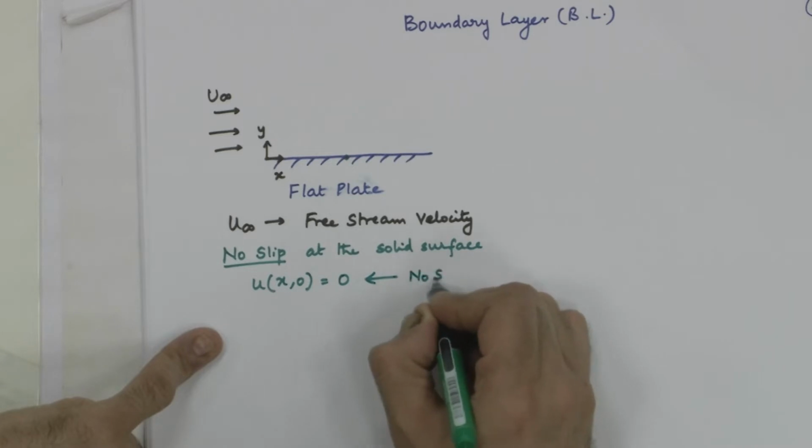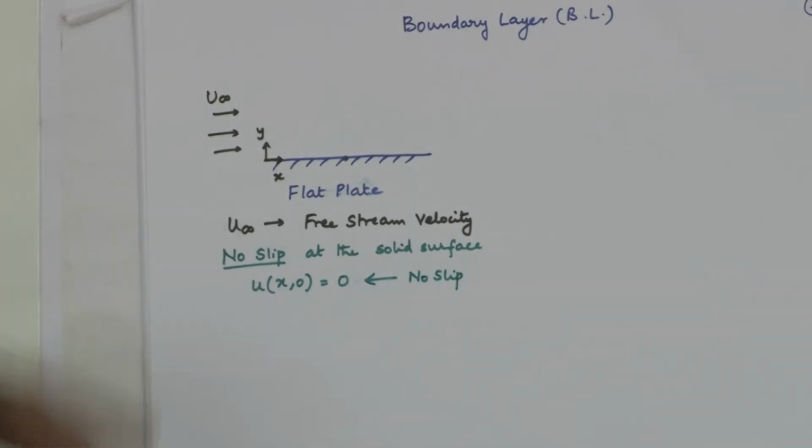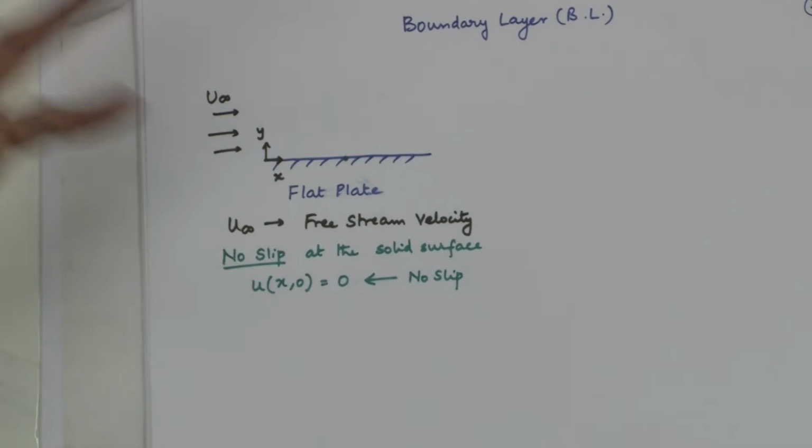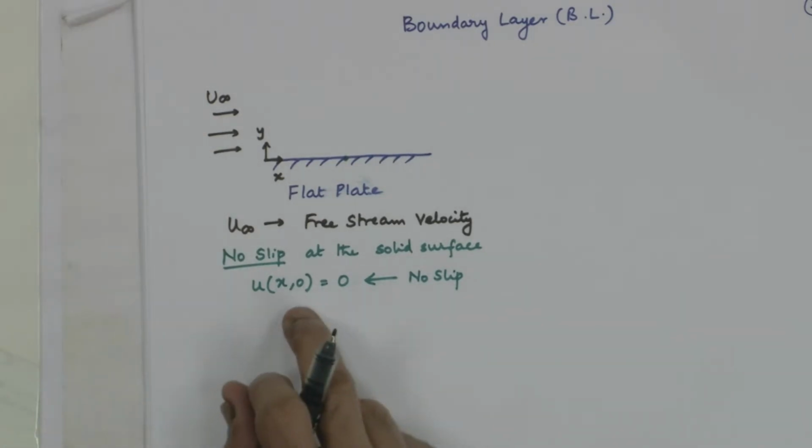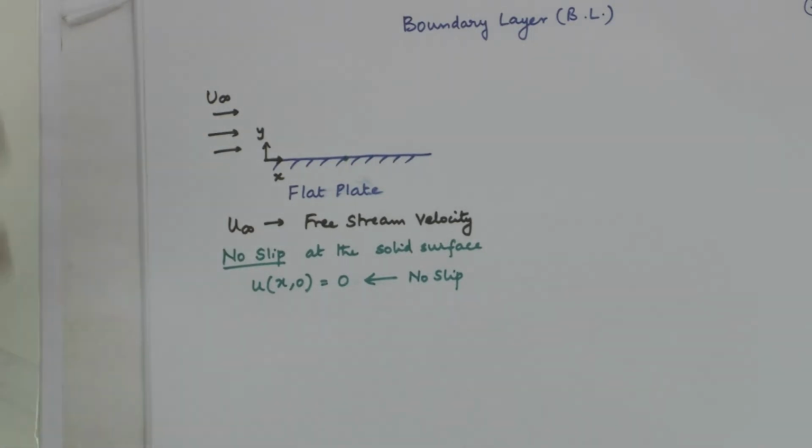Am I right? This is how velocity is given, u, v, w of course. Okay. So, the velocity of the fluid at the wall, meaning y equal to 0, is equal to 0. Velocity is u infinity with which it is coming, you are going over the plate, and suddenly the first layer of fluid which is coming in contact with the plate has to stop.